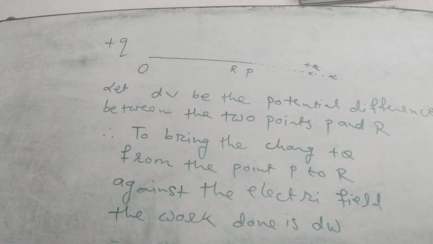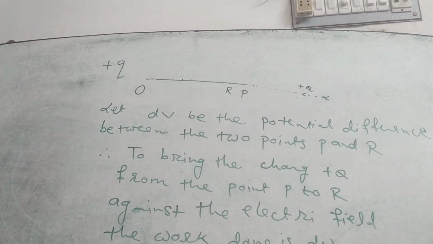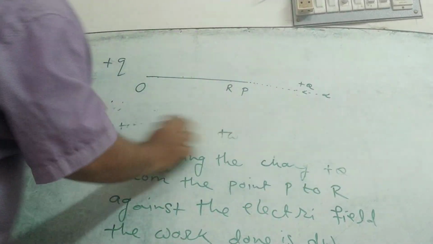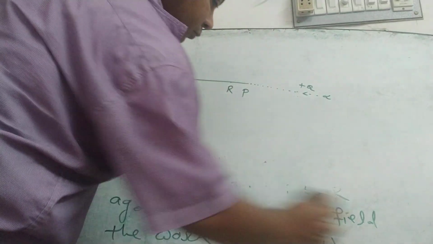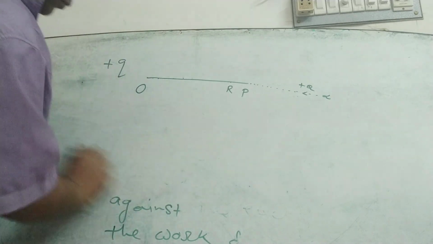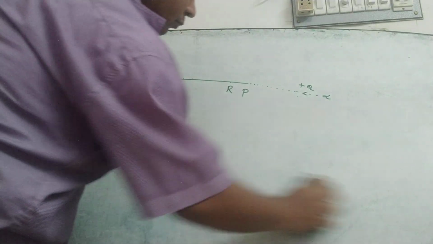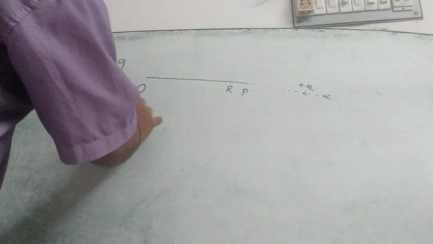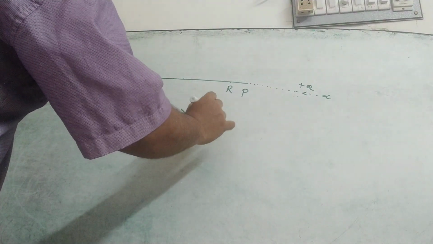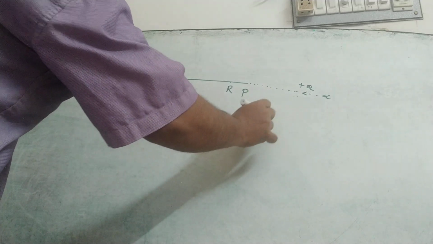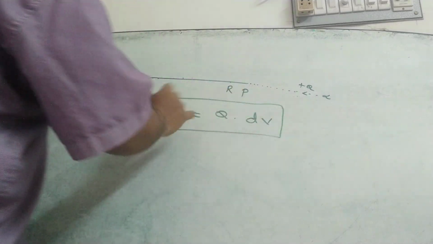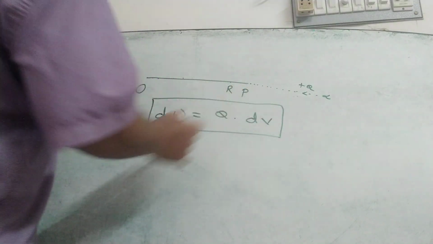Therefore, dW is equal to Q into dV. This is the relation between work done, charge and potential difference.